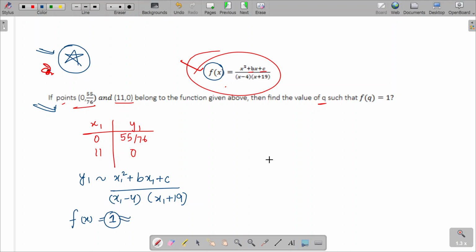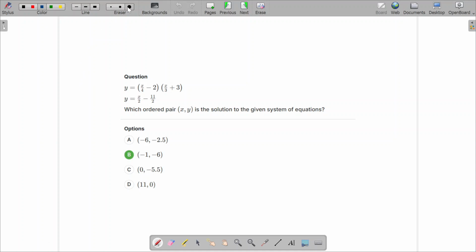Okay. Coming to the next question, here we go. Two equations are given and they are asking you to find which ordered pair x, y is the solution of the given equations. What you can do is you can equate both of them or you can write both of them and put it on Desmos. Let's see how we can do this.